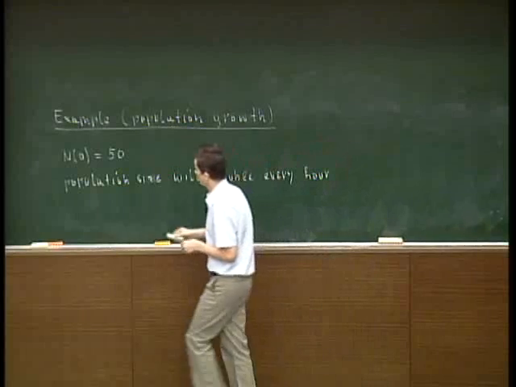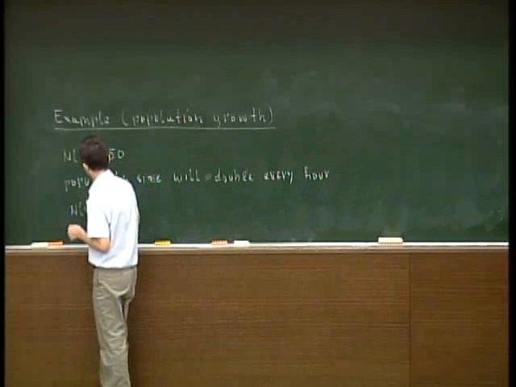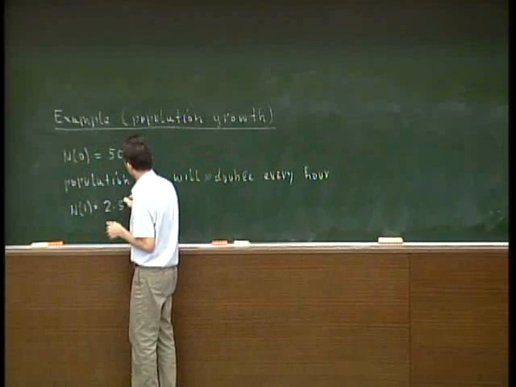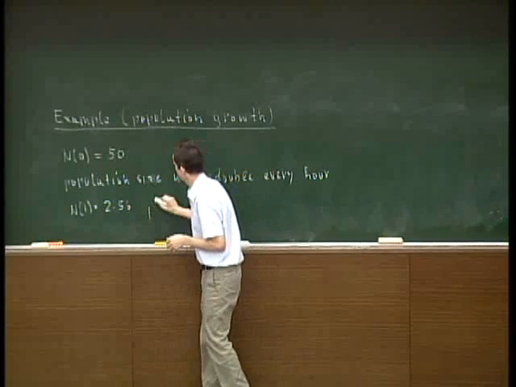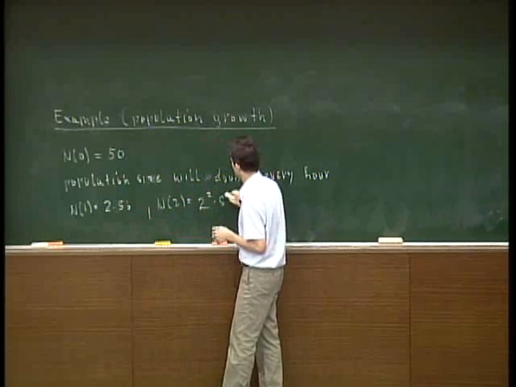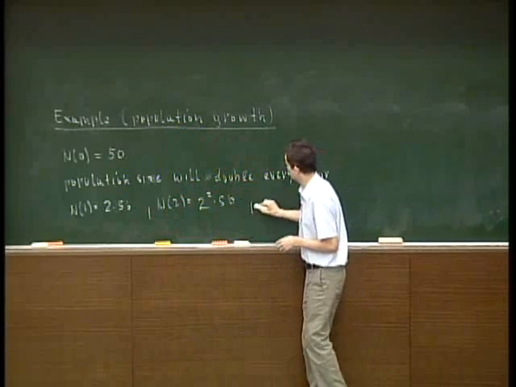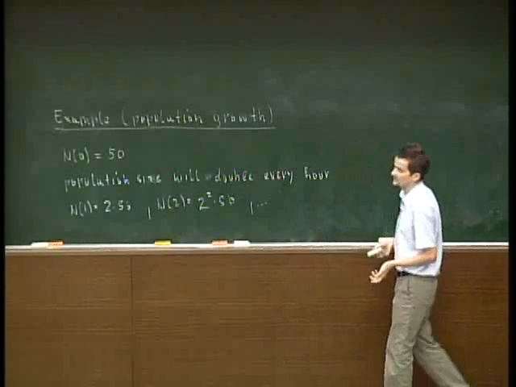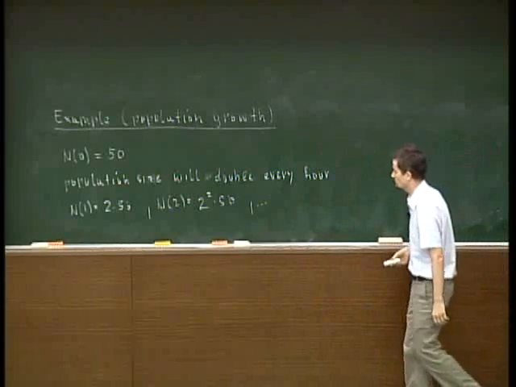So from this you know that after 1 hour you will get twice the initial population. Then after 2 hours, again, the population size will double, and you go on like this. So quite naturally in such an application, the exponential function will show up.